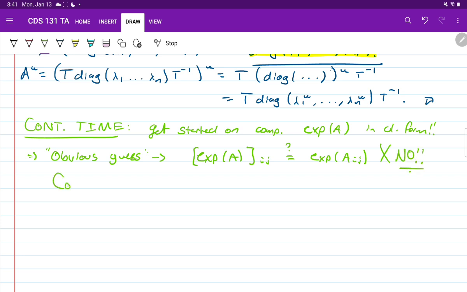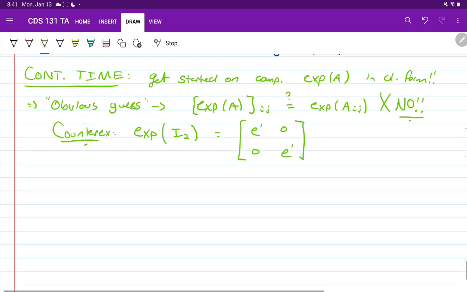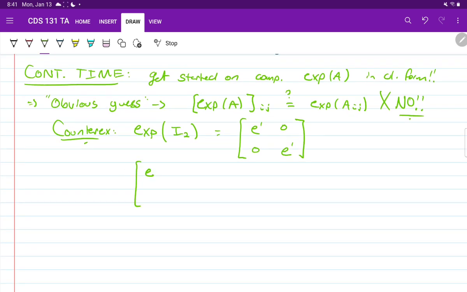A quick counterexample. If I take the exponential of the 2 by 2 zero matrix, what I'll find is that I get the identity matrix. But if I was to take e to the 0 for every entry, which is what I would do if I went element-wise, I would get something entirely different. So these are not the same.